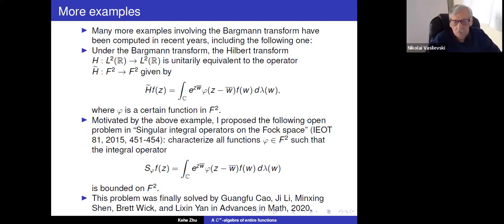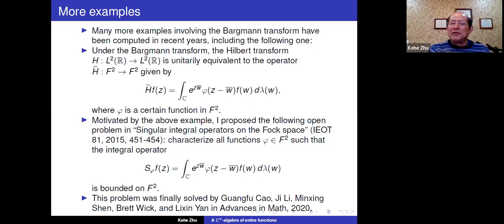In other words, on L2, you have the usual multiplication operators. And if you use the Fourier transform, think of that as a unitary operator on L2, to translate the multiplication operators, they become Fourier multiplication operators. And it turns out that the Hilbert transform is a typical Fourier multiplier operator.